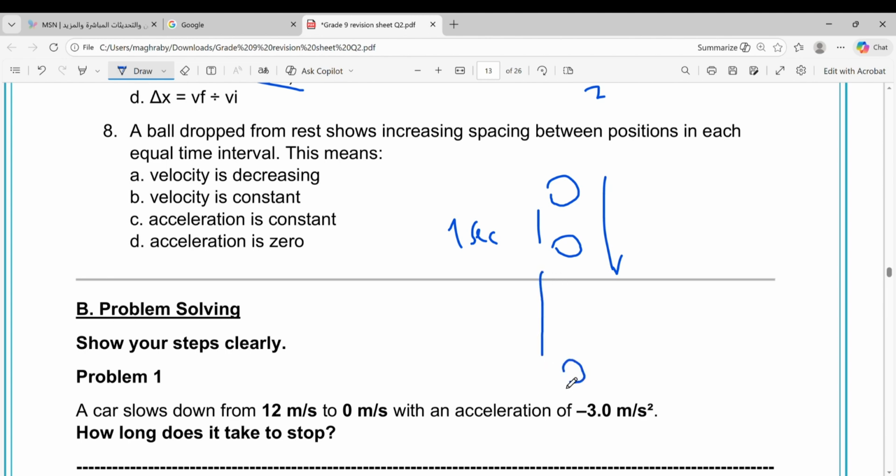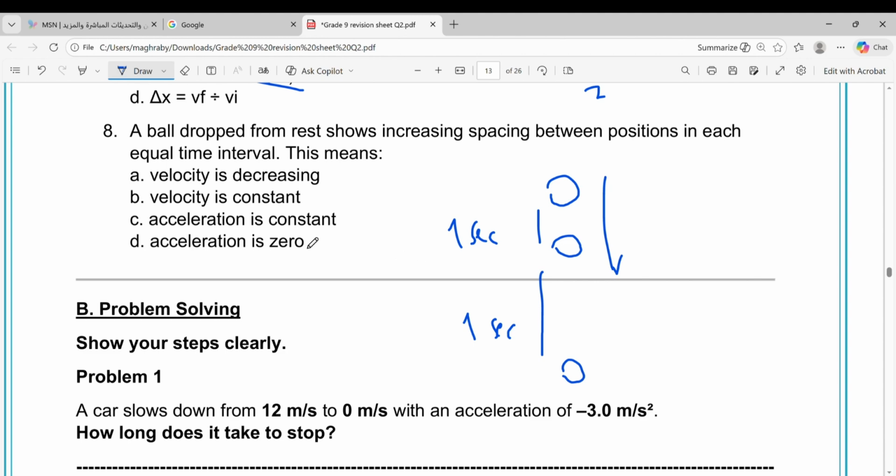That means the ball is increasing its speed, so the velocity is increasing.